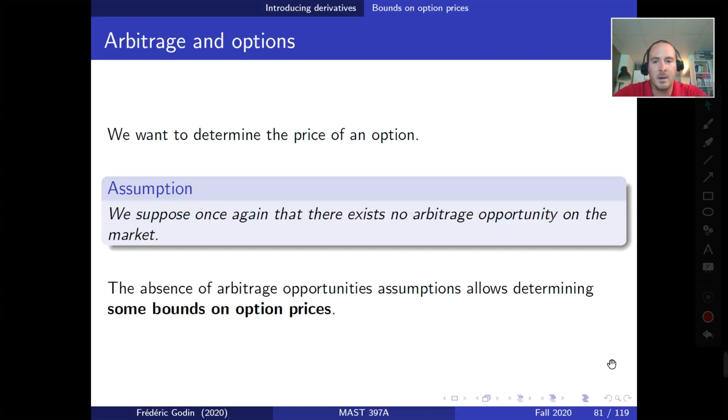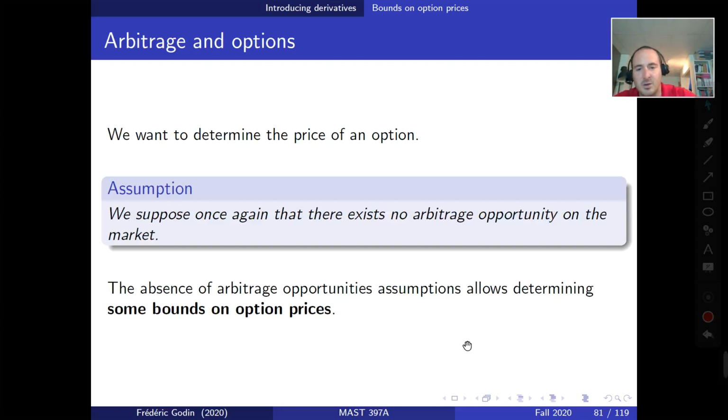Okay, so in practice, options are traded on the market. So a legitimate question is, what should be the price of the option? What is a sound value for the premium in an option transaction? Again, to try to answer this question, we're going to make the following assumption.